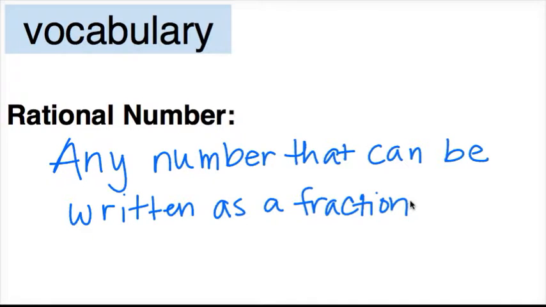So any number that you could write as a fraction doesn't mean it has to be written as a fraction, but if you could write it as a fraction, it's a rational number.